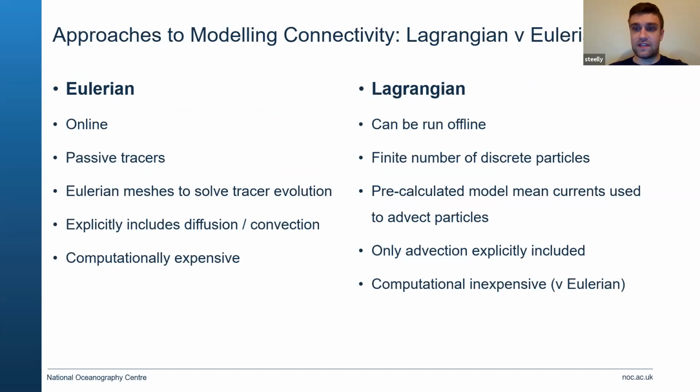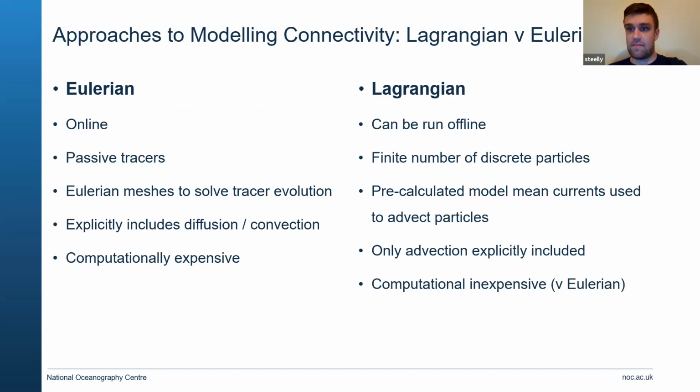So as we've already briefly discussed, the two main approaches you can take are either Eulerian, which we're going to have a talk about later on, so I won't say too much about it now, or a Lagrangian approach. And the main advantage of taking a Lagrangian approach is that compared to Eulerian, it can be computationally a lot cheaper.